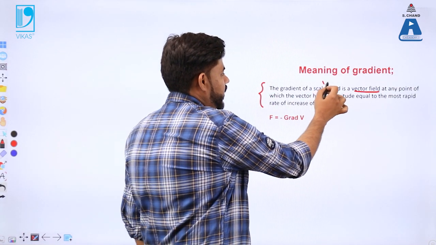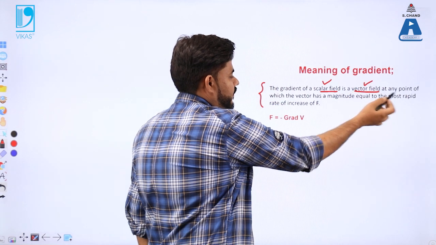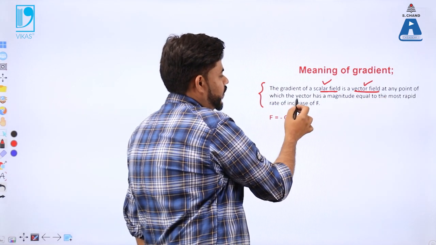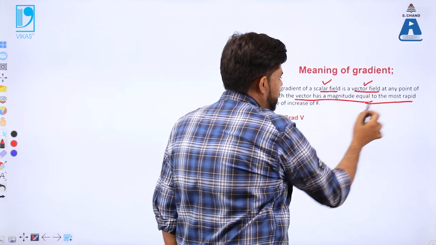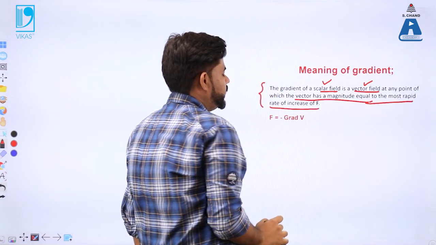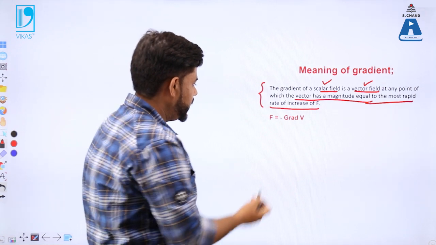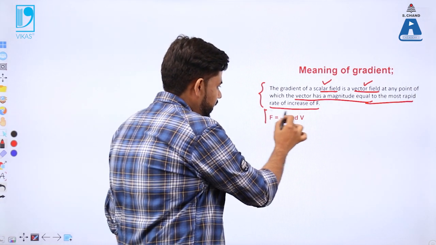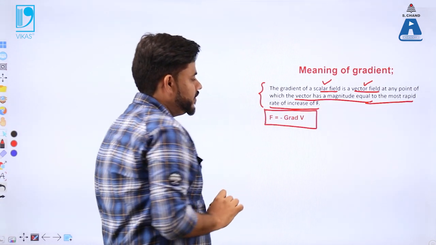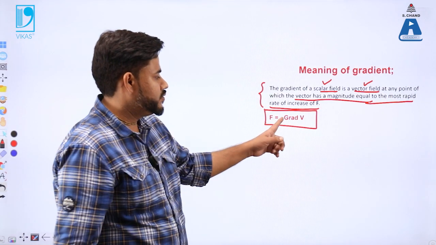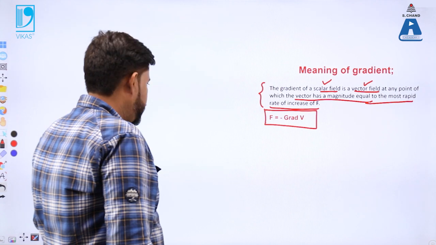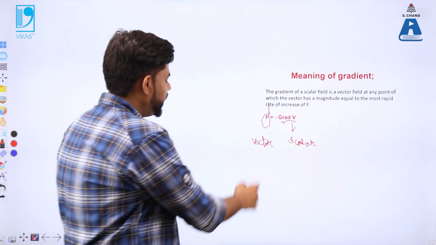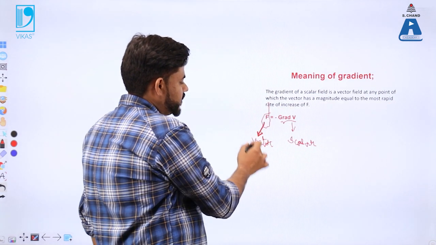The gradient of any scalar is a vector field; at any point the vector has a magnitude equal to the most rapid increase of the function f. Before the break, we derived the expression F equals minus gradient of V, in which this F value is a vector.